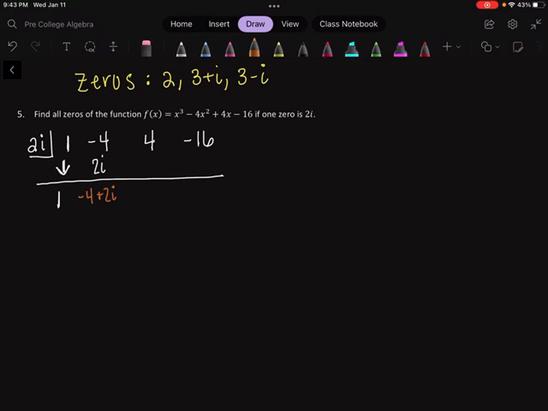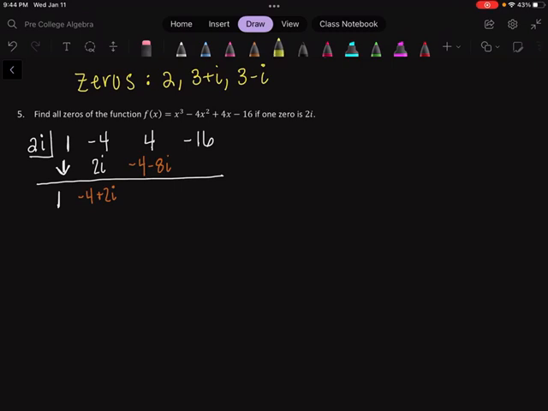But now when I go ahead and multiply this -4 plus 2i times 2i, I can put that in my calculator. So we can do 2i, and the i is the second decimal button. So 2i parentheses -4 plus 2i. And that looks like it gets me a -4 minus 8i.